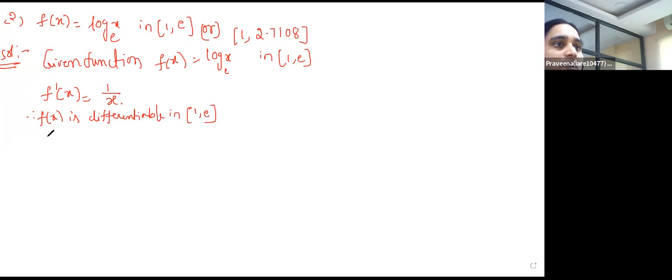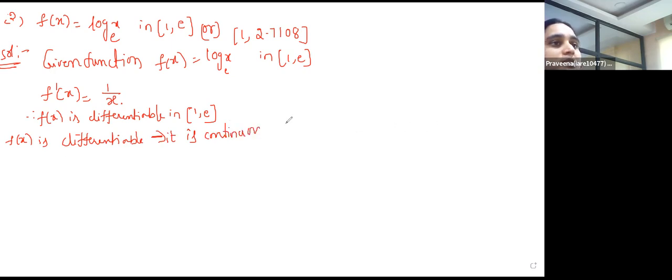In the closed interval 1 comma e. And if it is differentiable, then definitely it is continuous. Then it is continuous.